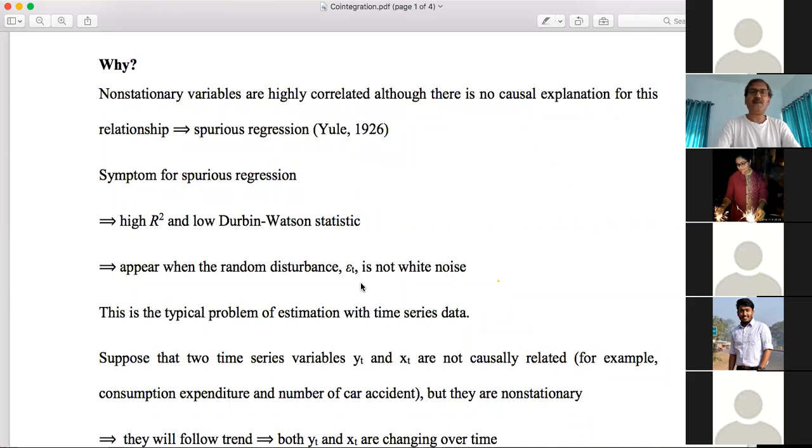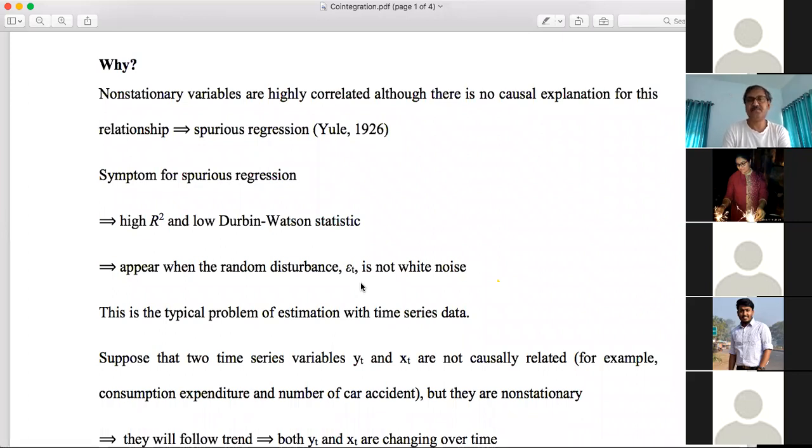Although in terms of conventional statistics, T statistics and R square, we have significant results, because of the presence of serial correlation identified by the low value of Durbin-Watson, the results will not be meaningful at all.